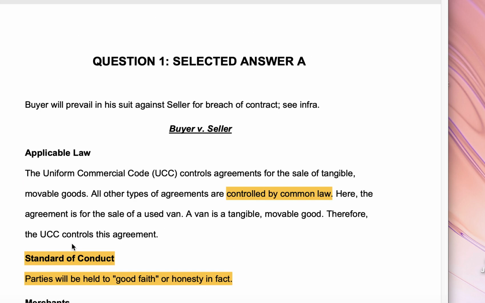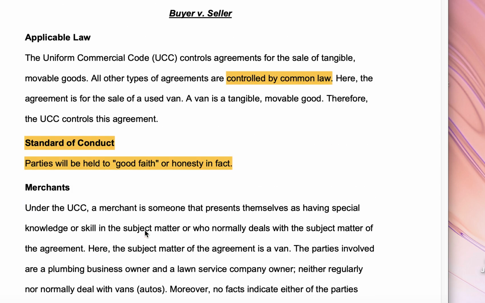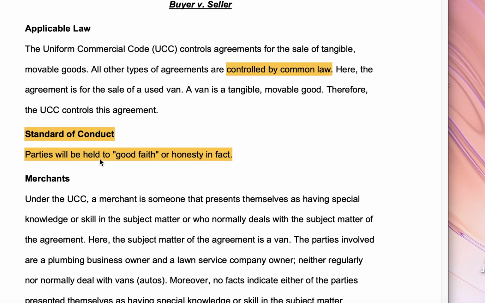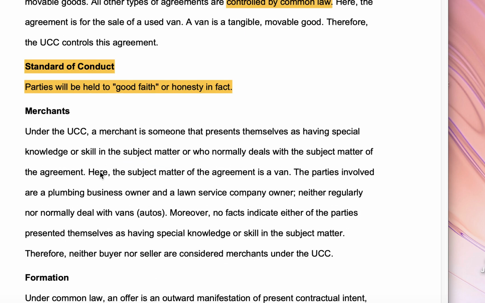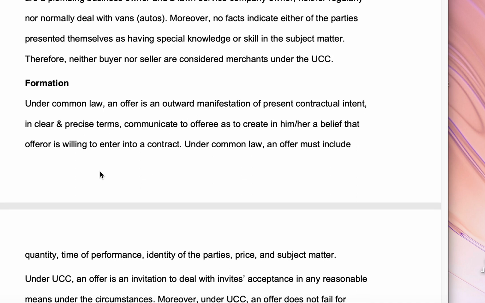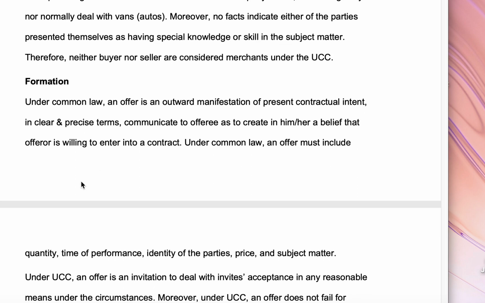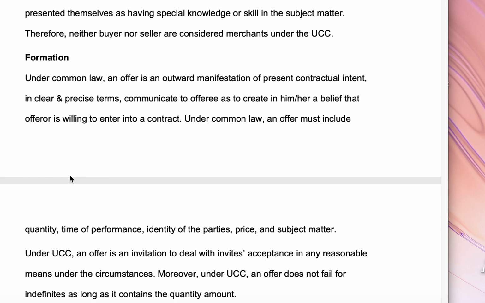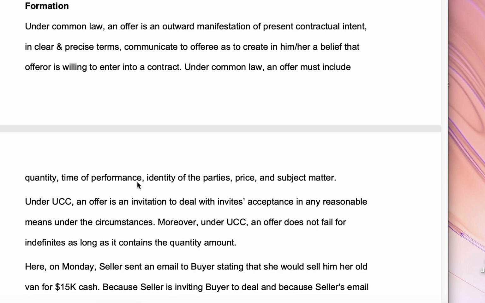Now, I would have started at the very top with the formation and then gone into the applicable law, and I do offer, acceptance, consideration, and is it an invitation to deal? I would have chopped it up a little differently, but this is just an example of a really well written first year level answer, right?